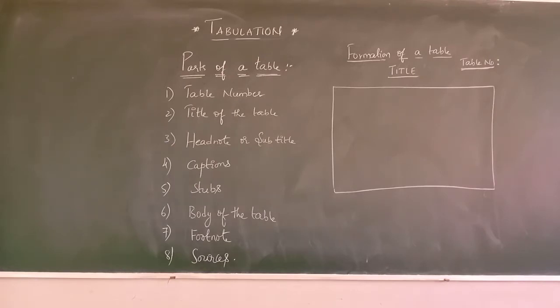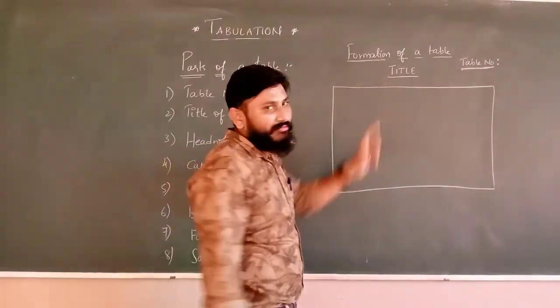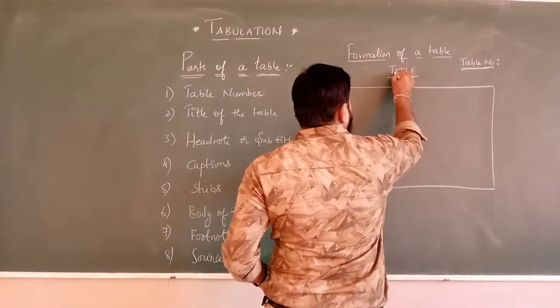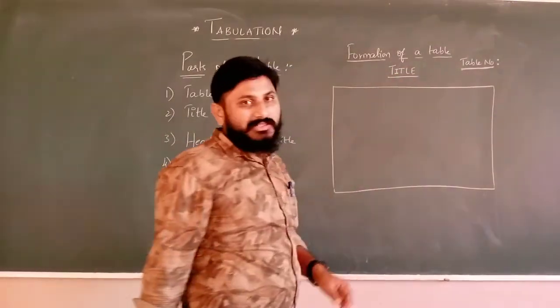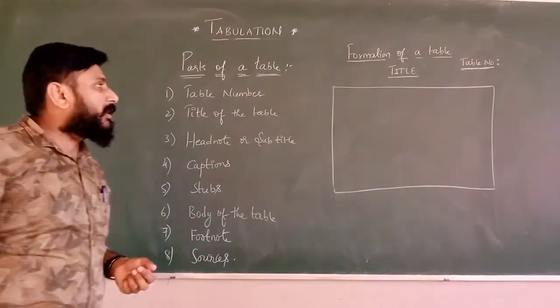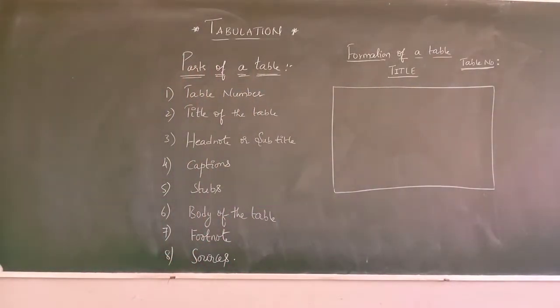A title should be given to the table. The title should indicate in short the contents of the table. It will be written at the top in bold letters. Remember, that is the reason in capital letters I have written. Always the title has to be written in bold letters, capital letters. Remember. So title is very much required.